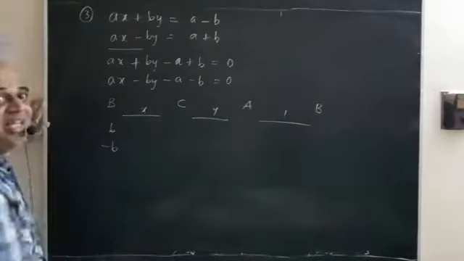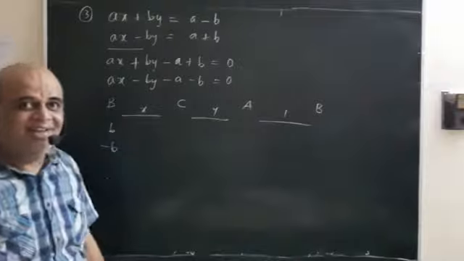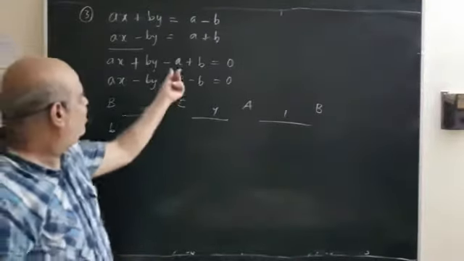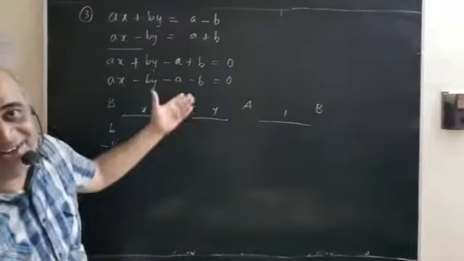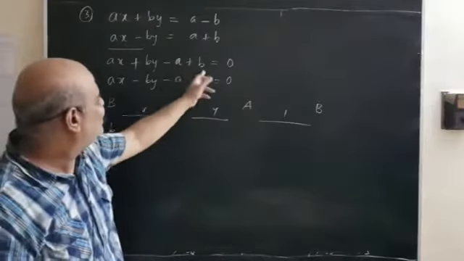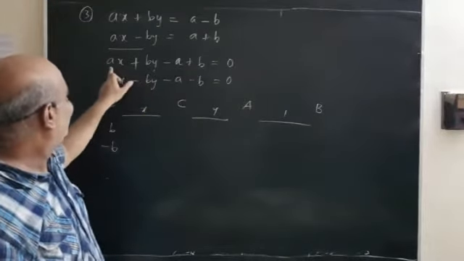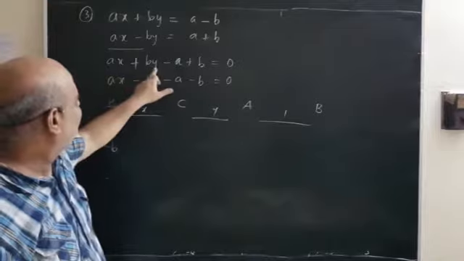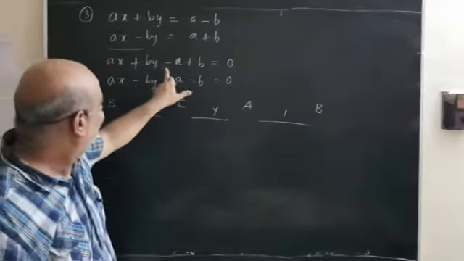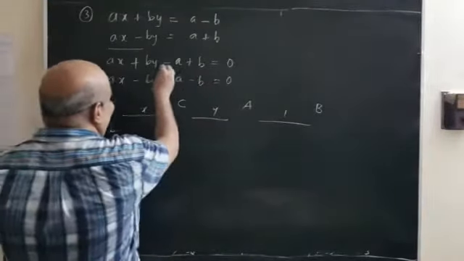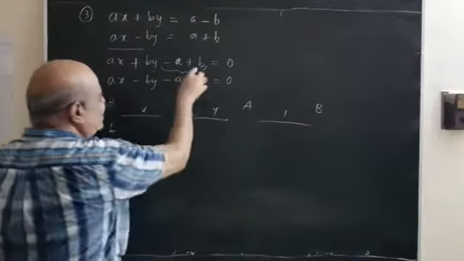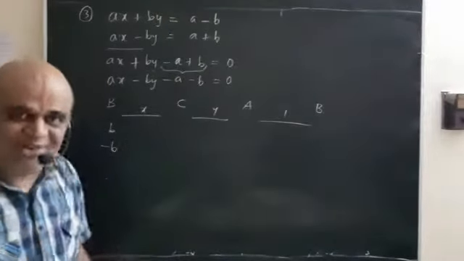C, what is C here? It's a bit strange. When we dealt with numbers, we had only one number there. But when we are dealing with constants, you see two constants here. So A is a coefficient of X, B is a coefficient of Y. But what is the constant term? The whole thing is a constant term. This whole thing, minus A plus B, that whole thing is a constant term.